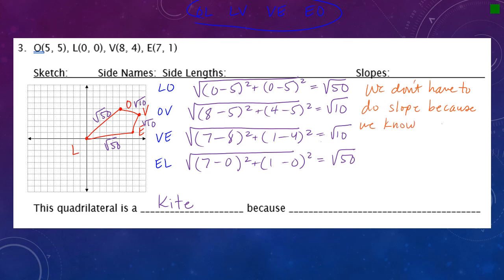And we know that kites don't have rules for slope. So that's pretty exciting. So it's a kite because it has two pairs of equal adjacent sides.